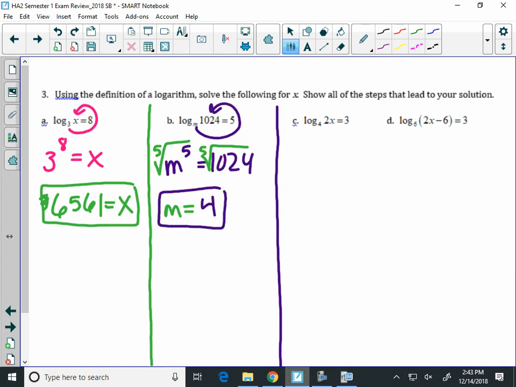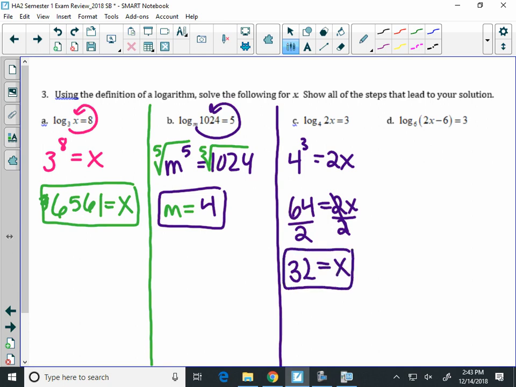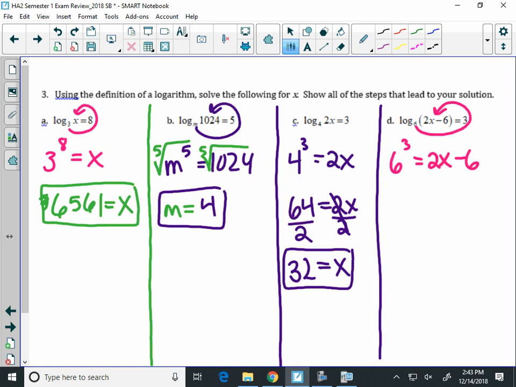All right, the next one would be 4 to the 3rd equals 2x. Well, 4 to the 3rd is 64, so we'll simplify that to be 64 equals 2x. And to get x by itself, we're going to divide by 2. So that gives you that the value of x here is 32. All right, last problem. 6 to the 3rd equals the whole quantity 2x minus 6.